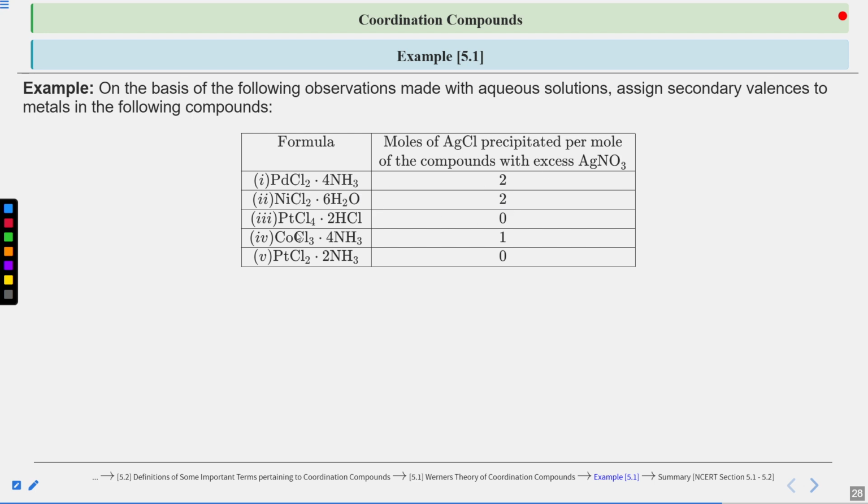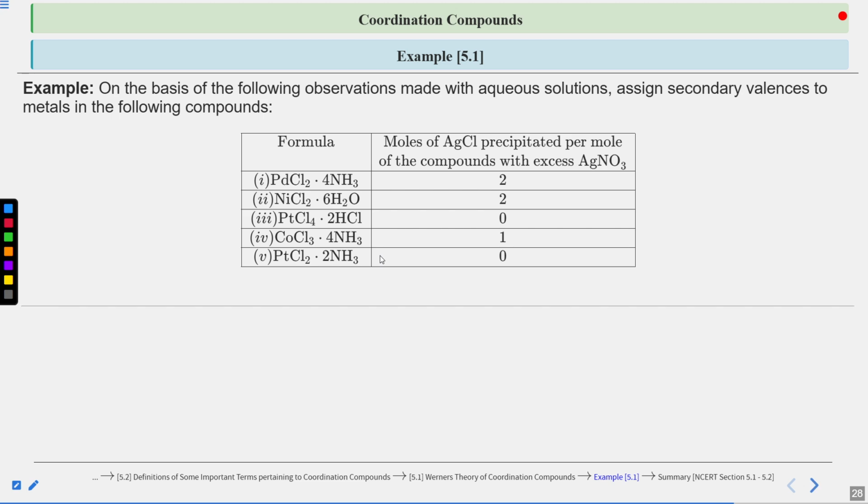NiCl2.6H2O gives 2 moles of AgCl. PtCl4.2HCl gives 0. CoCl3.4NH3 gives 1 mole of AgCl. PtCl2.2NH3 gives 0. You have to assign the secondary valency to the metals in these compounds.